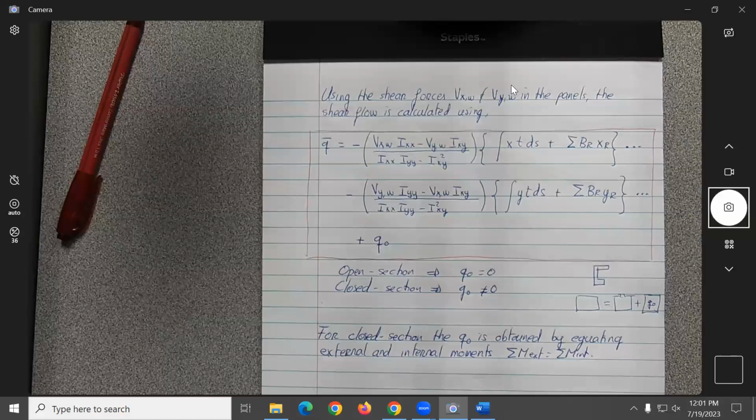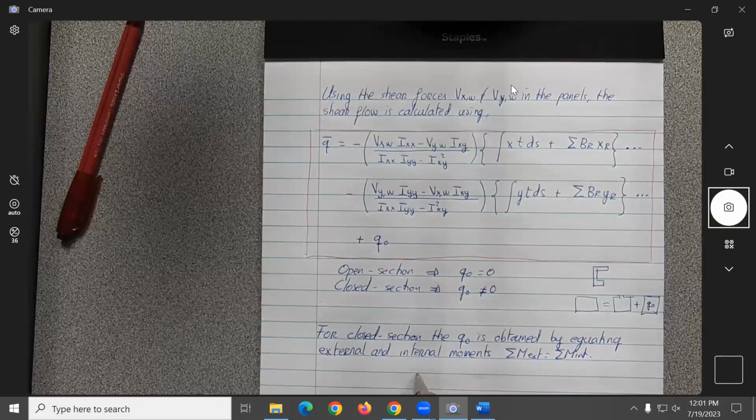Okay, so now here comes the little problem. So let me do here that we have summation of external moments equal to summation of internal moments.